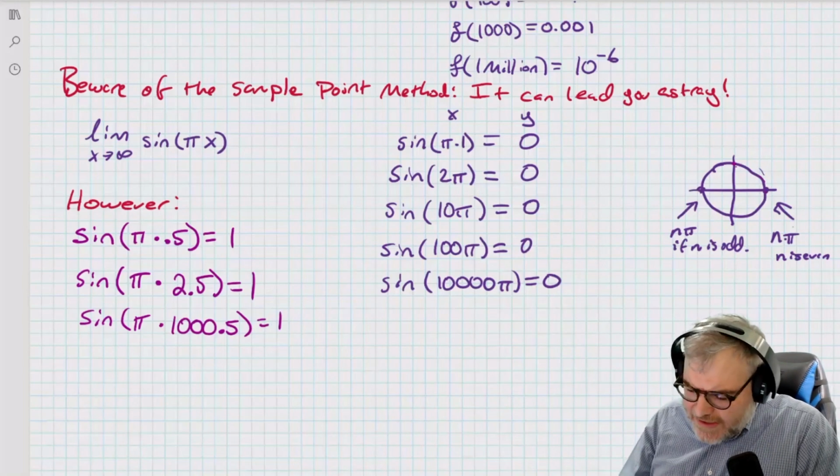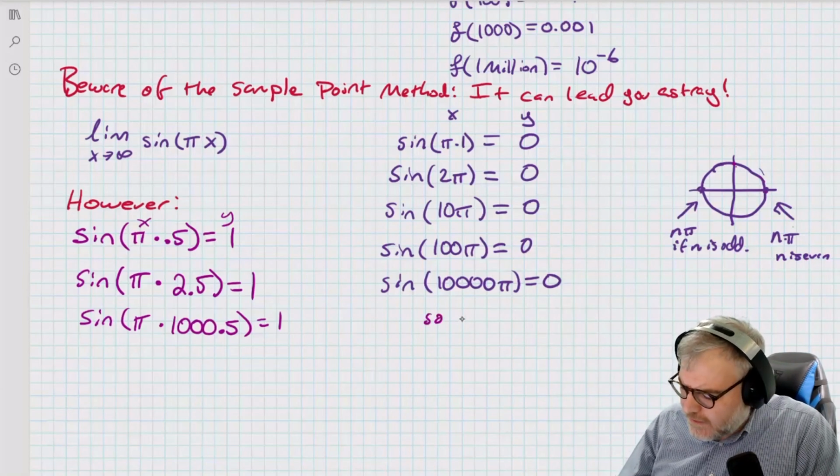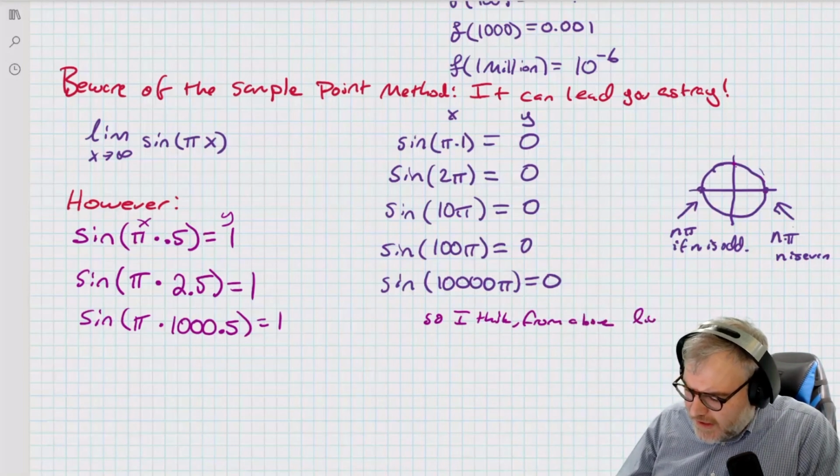So here, if I did this method, I would wind up, so I think from above, the limit as x goes to infinity of sine pi x equals 0.